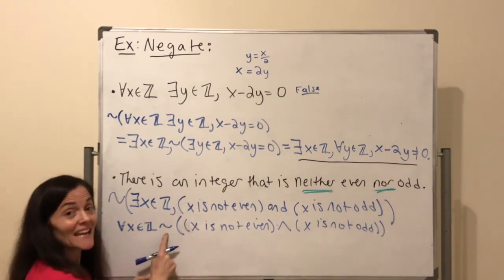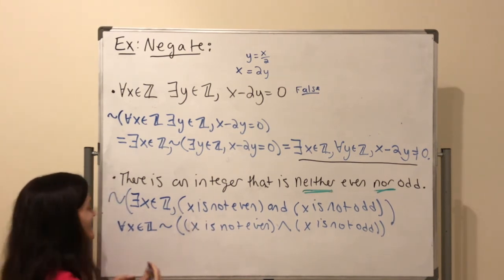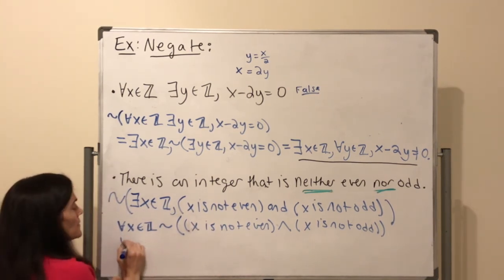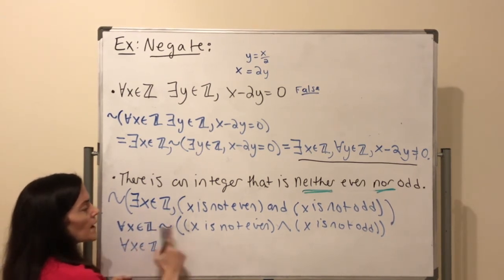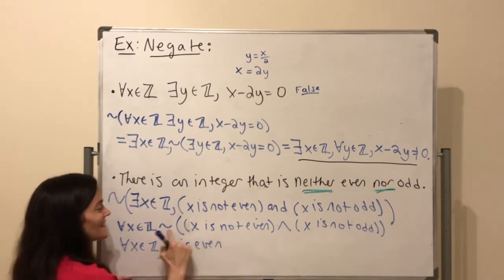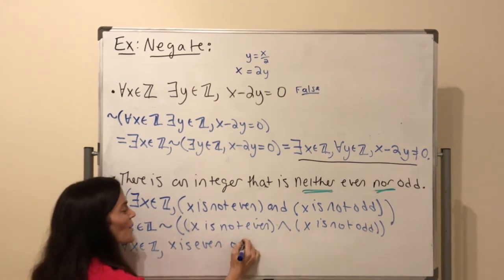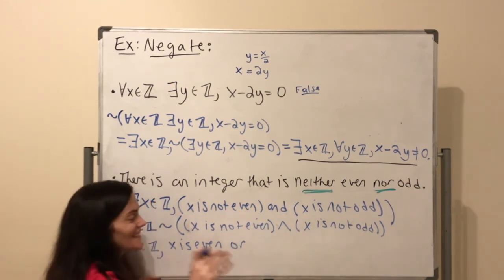Now I am negating an and. This is De Morgan's, right? So I would have for all x and z, well, I negate this one, x is even. This turns to an or, and then negate this one. x is not odd.